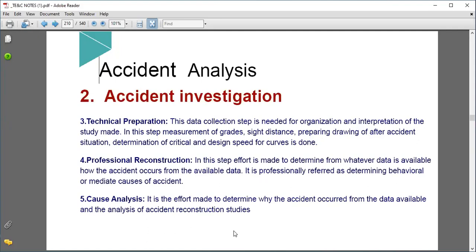And last point is the cause analysis. It is the effort to determine why the accident occurred, from the data available and the analysis of accident reconstruction studies. Means in this way, the accident investigation is made with the different points.